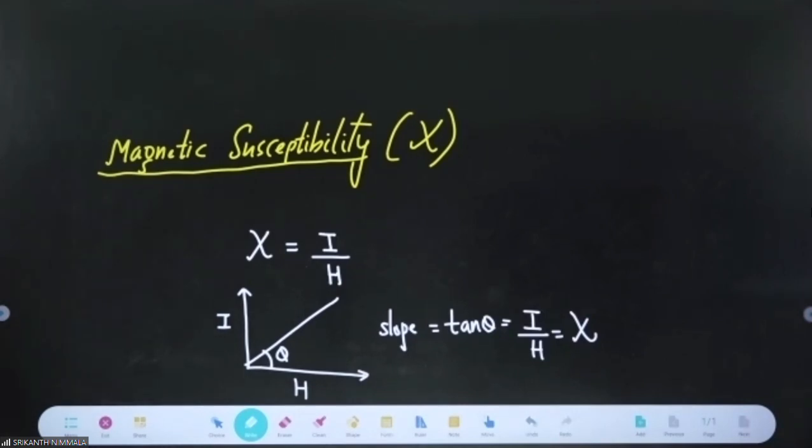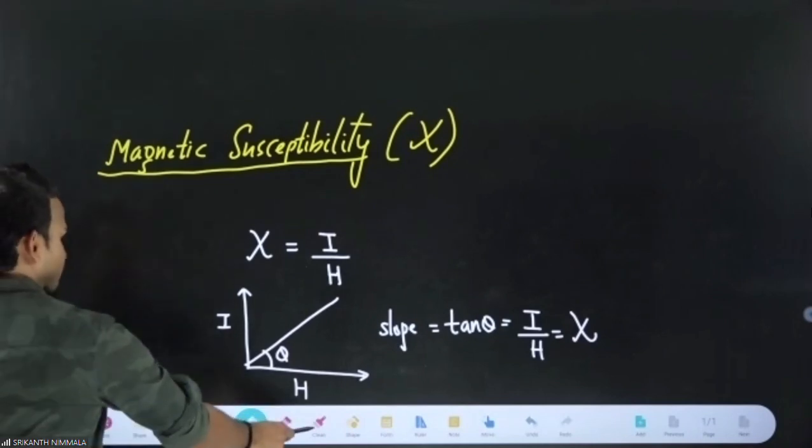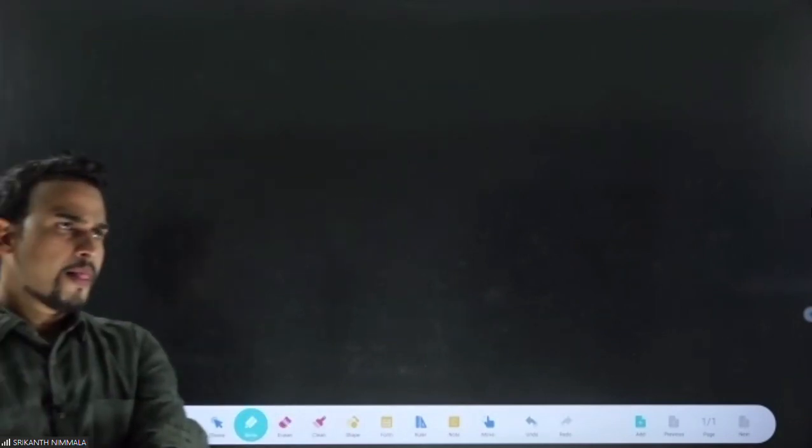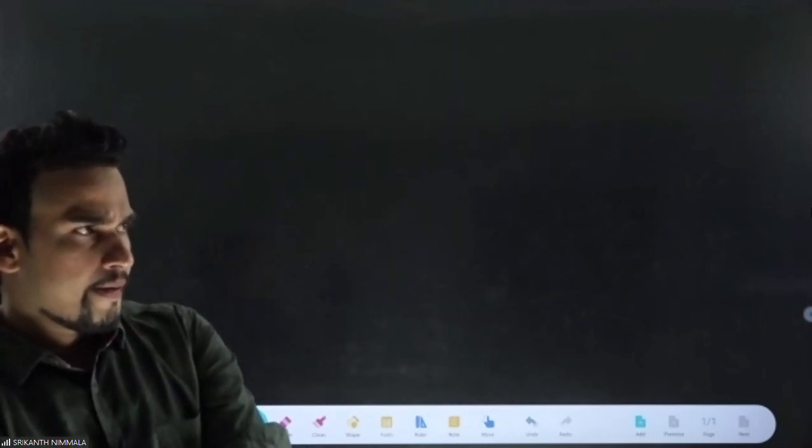See all the quantities. First, I will ask the question. Which quantity is associated with the external applied field?